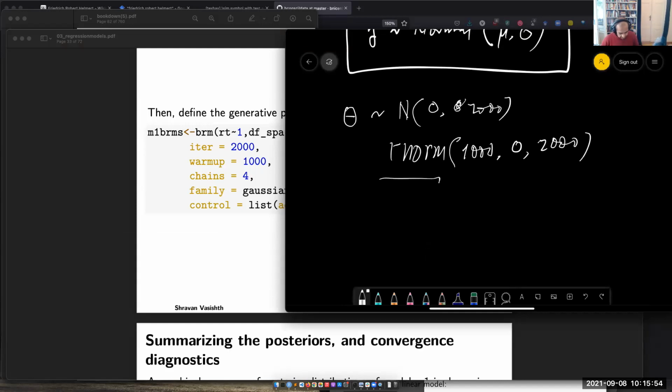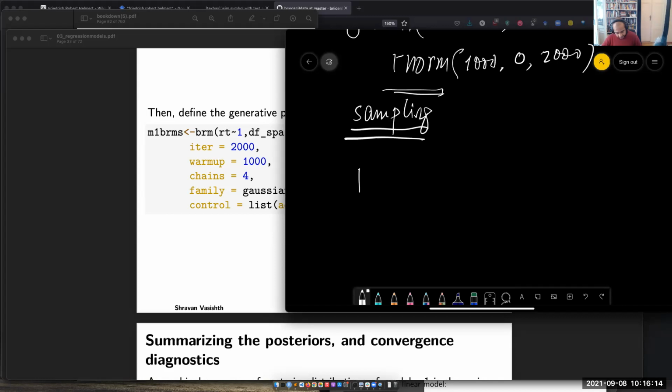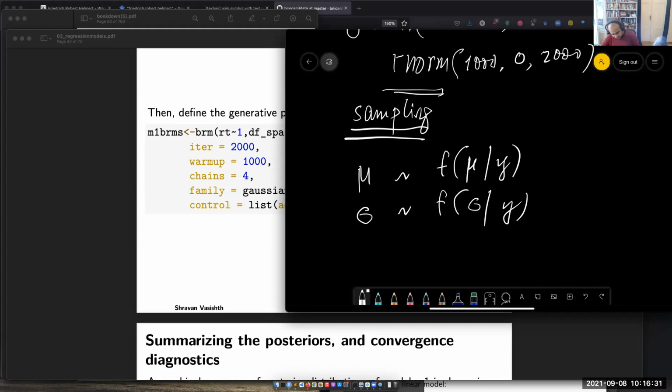So this rnorm function, when it produces simulated data, what it's actually doing is that it's sampling from a particular distribution. We are sampling from a distribution here. Now, what BRMS and STAN is doing is that for your two parameters, mu and sigma, it's also producing samples from the posterior distribution, f of mu given the data, f of sigma given the data, right? This is the hard work that STAN is doing in the background, right?